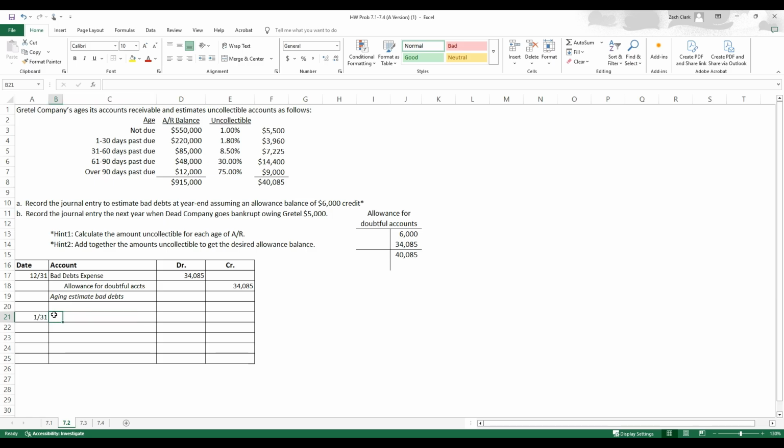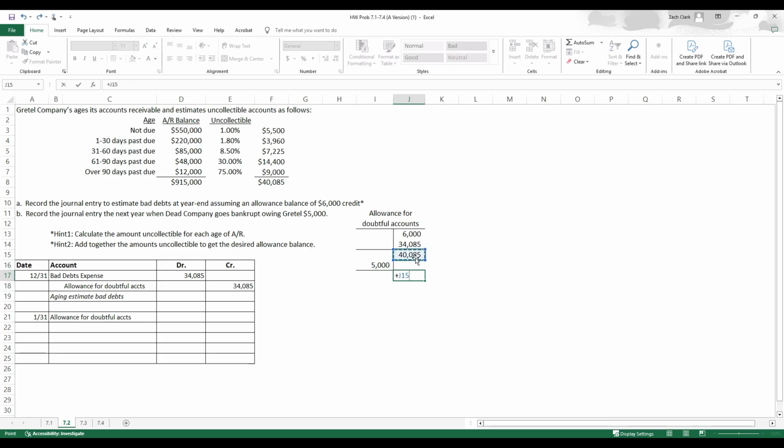And here, when we actually write off that receivable, because we're sure it's not going to be collected at this point, then we debit our allowance for doubtful accounts, and that's going to be $5,000. I'll do the accounting on our T account here just to see how that's all going to play out. And so our allowance is then reduced by that amount, and it ends up at $35,085.